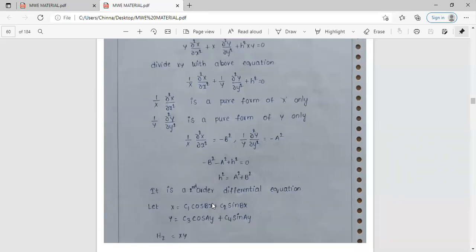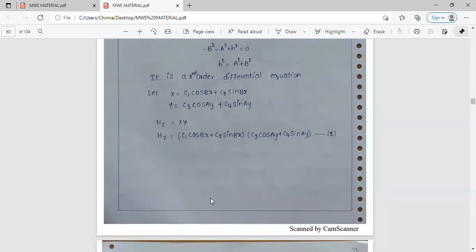It is a second order differential equation, so you can solve this expression by using the solutions X is equal to c1 cos bx plus c2 sin bx, and Y is equal to c3 cos ay plus c4 sin ay.